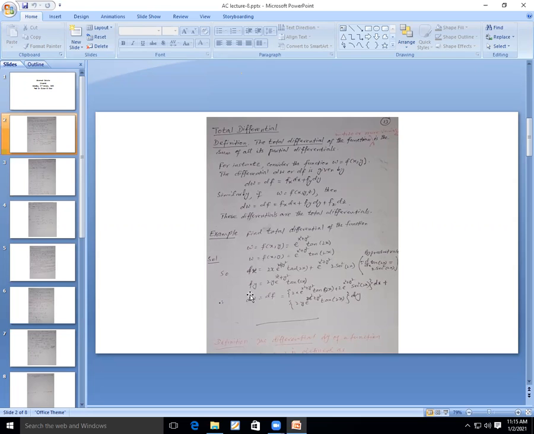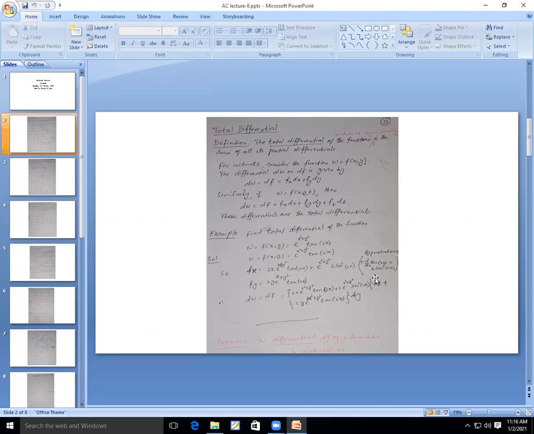Now add fx and fy, but write dx with fx and dy with fy. You get the total differential, that is, the differential of w or differential of f is the sum of the two differentials. First differential is this, plus second differential is this.